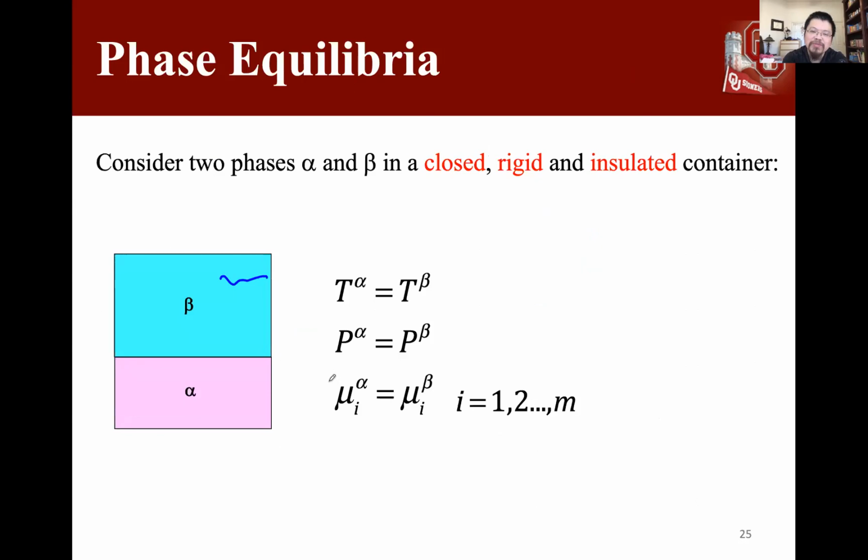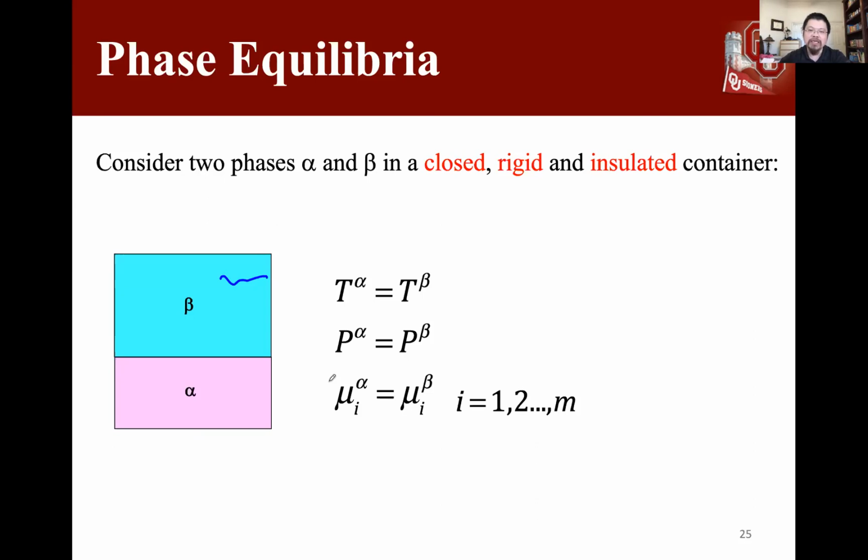How do I measure chemical potential? That's not easy because that's energy related with the species. So I need to think of an easy way to monitor or measure chemical potential so that I can come back and tell you whether the system is at equilibrium or not. So I hope you see that here we have a practical question.